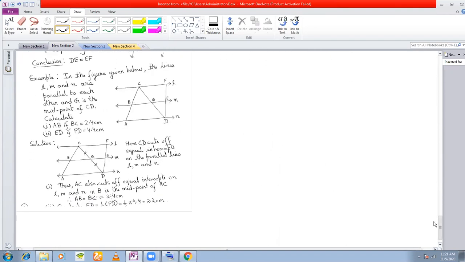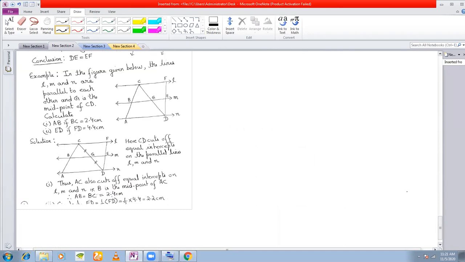So let us start with this problem. Maybe I'll finish this problem in the next class. In this figure, it is given that L and M are parallel and G is the midpoint of CD. That means this length is equal to this length, right? So if these three are parallel lines, then this intercept must be equal to this intercept because G is the midpoint.